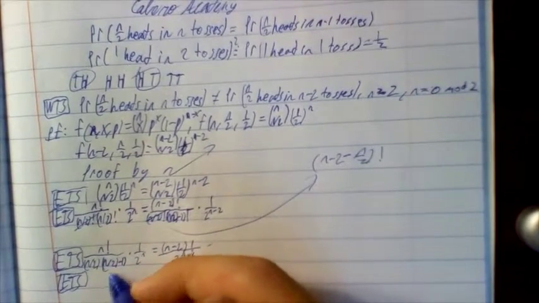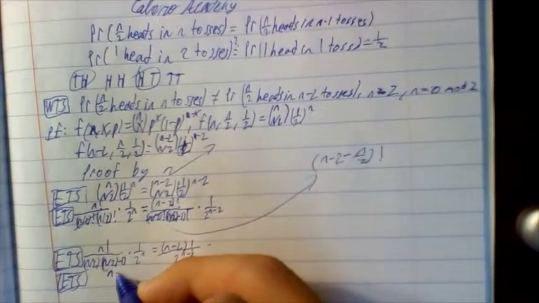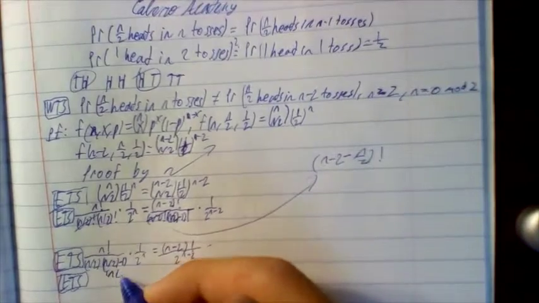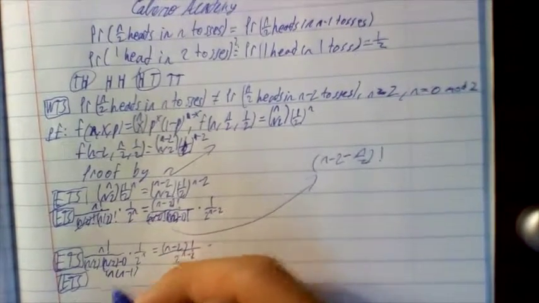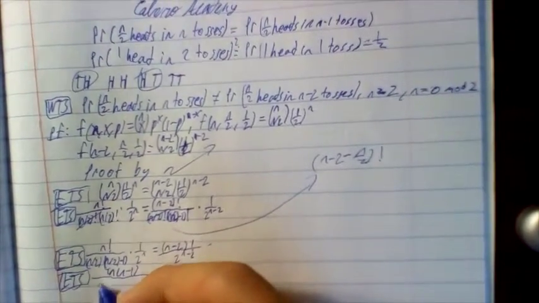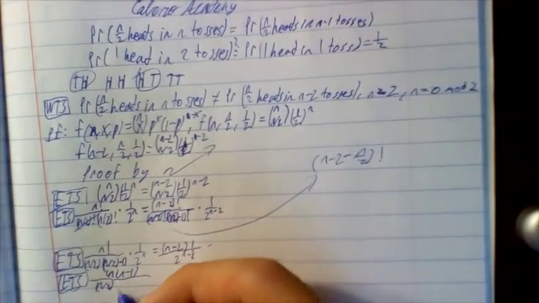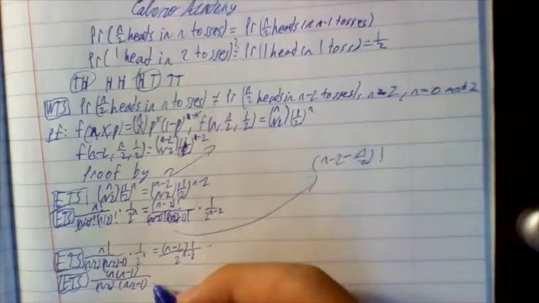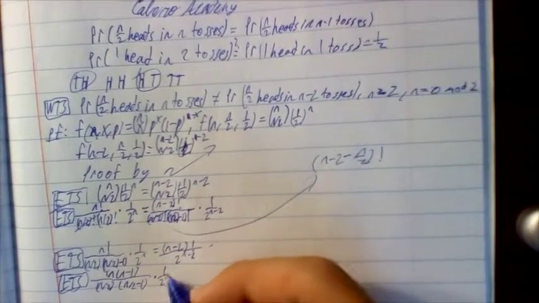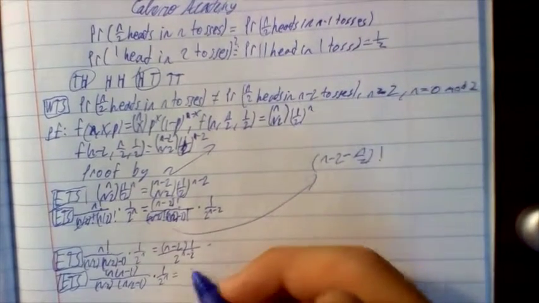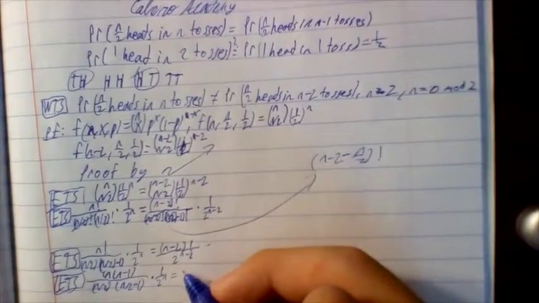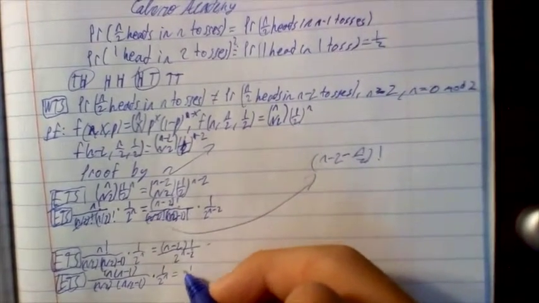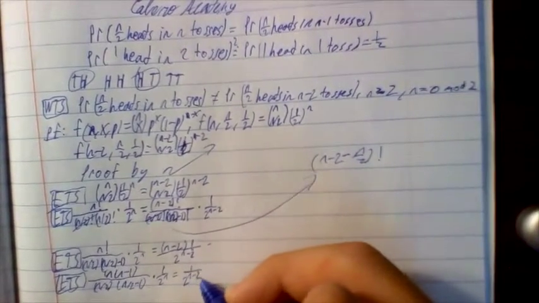So it'll leave us on the left-hand side n times n minus 1 divided by n on 2 times n on 2 minus 1 times 1 on 2 to the power of n. And we wanted to show that it's equal to 1 on 2 to the power of n minus 2.